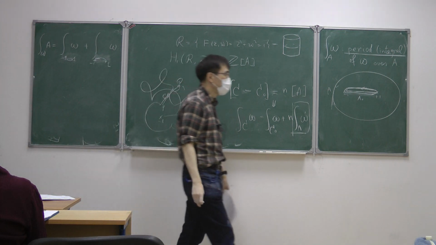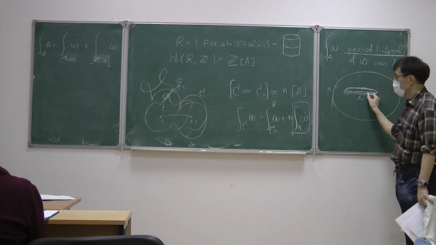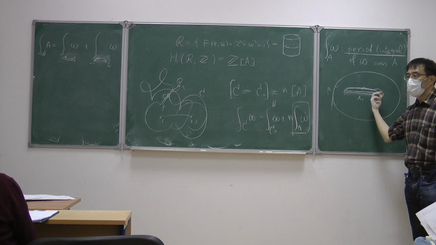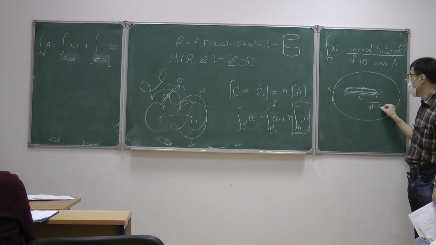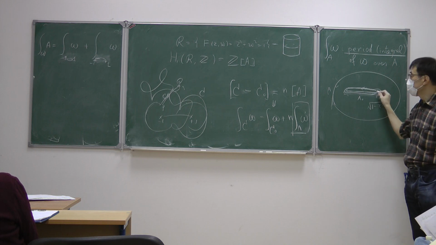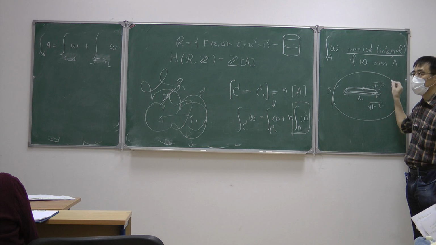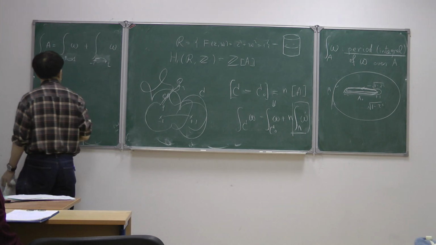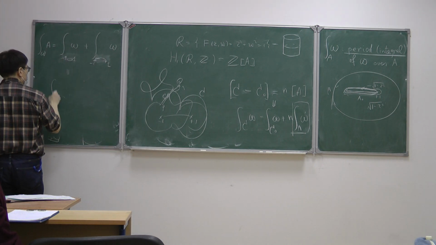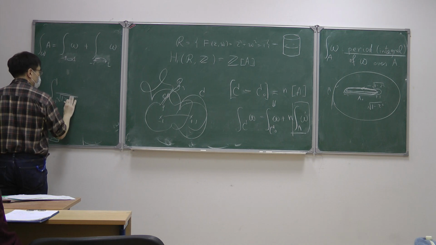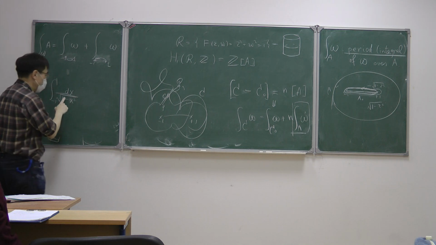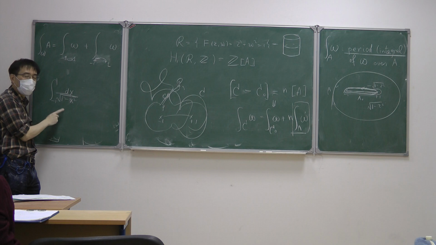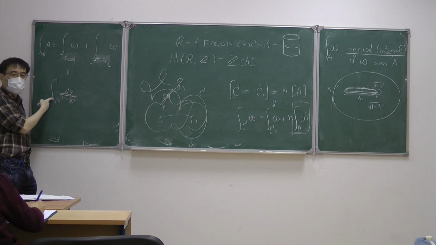And recall that if we go around this point, the square root changes its sign. So this is just, I use x because we are now integrating on the real segment from -1 to 1.